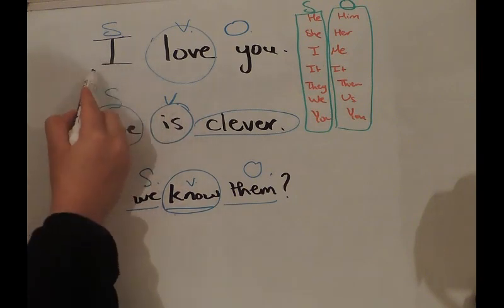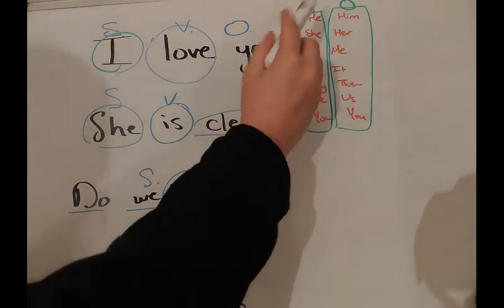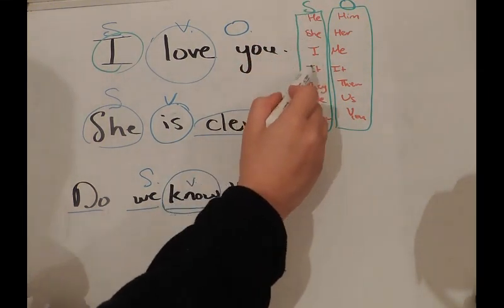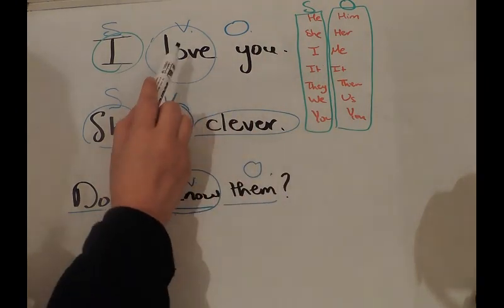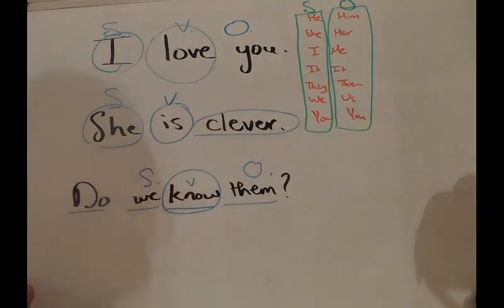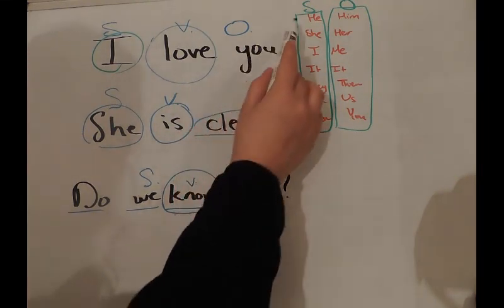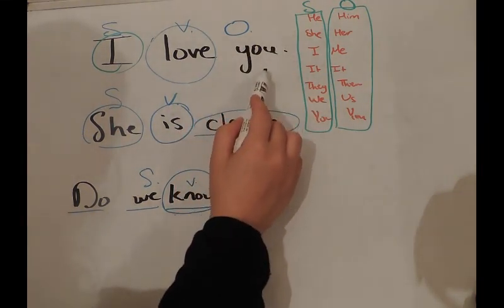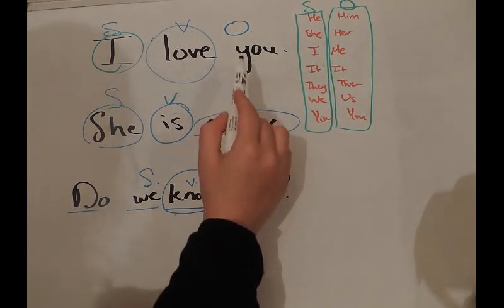The first sentence here, I used I in the subjective. I can use he, she, it, they, we, and you. Of course, with changing the verb, singular or plural. For the objective, I can use him, her, me, it, them, us, you. Alright?